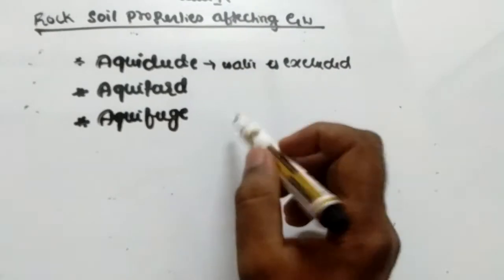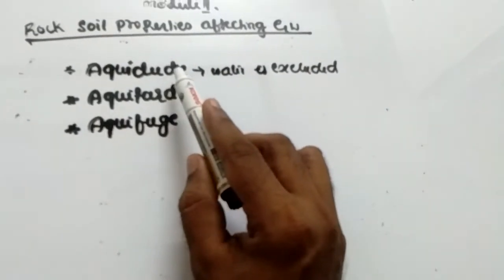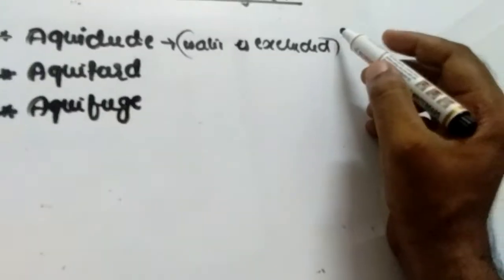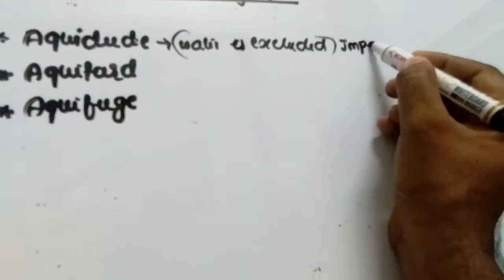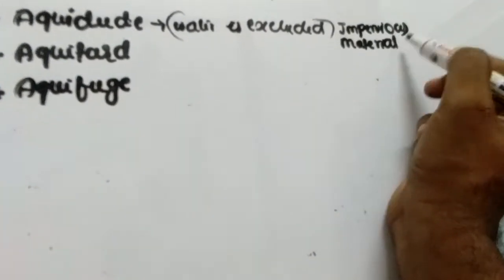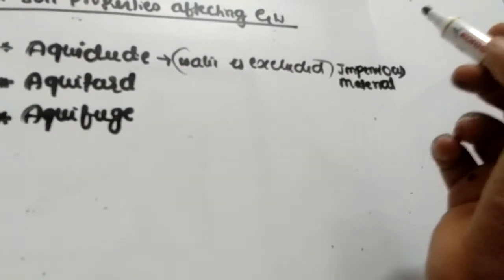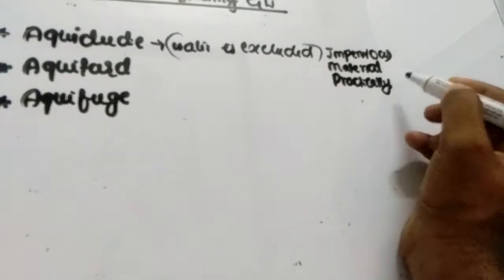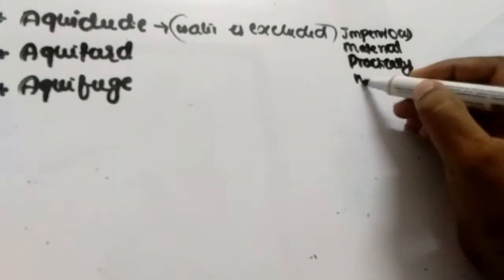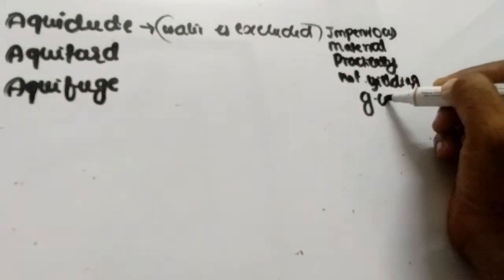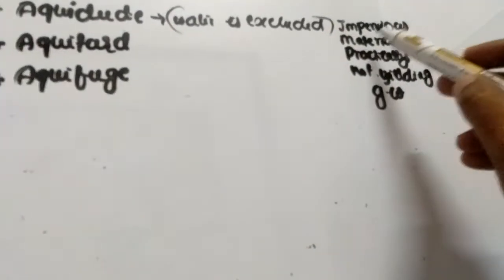Basically, this is an impervious material, practically not yielding groundwater.